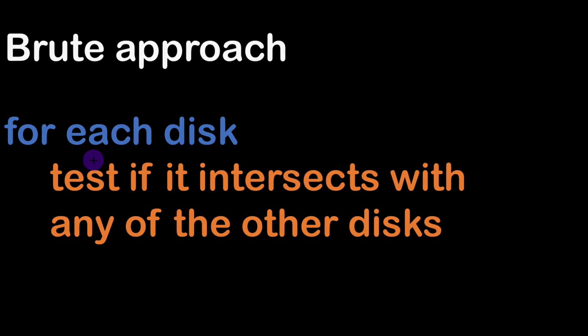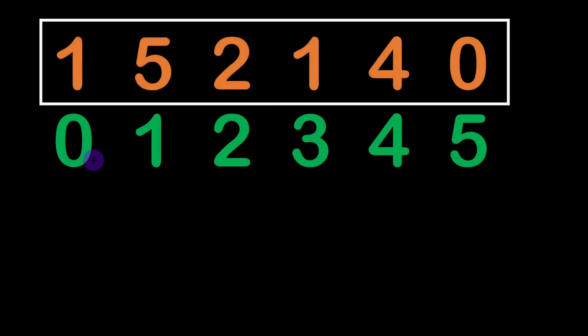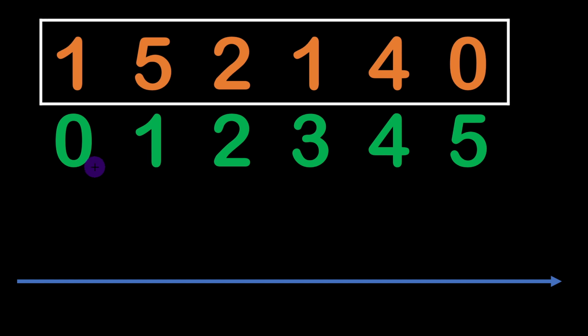One important point here is that in all our solutions, we're going to consider the points where the disks intersect with the axis. So when we say starting position or center position, we're always referring to positions on the axis represented in the example. So if we take this axis and we consider all these disks centered at all these points, 0, 1, 2, 3, and so on.